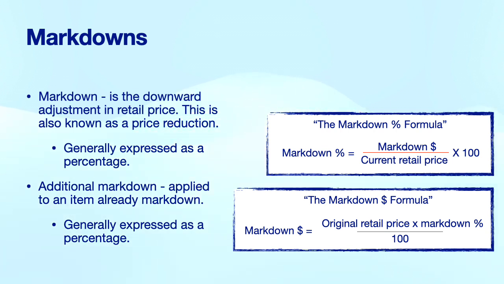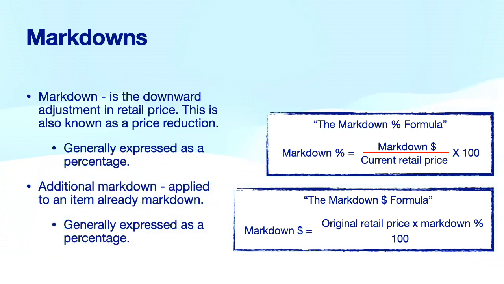So your markdown is the downward adjustment in retail price. This is also known as a price reduction. It is generally expressed as a percentage. Your additional markdown is applied to items that are already marked down. So essentially it's a markdown on top of a markdown.